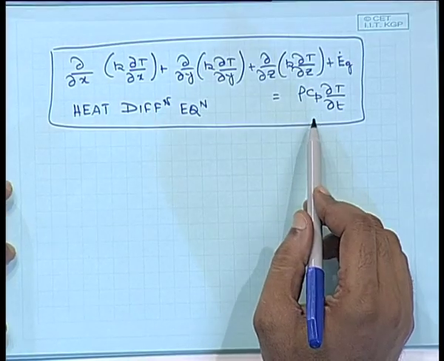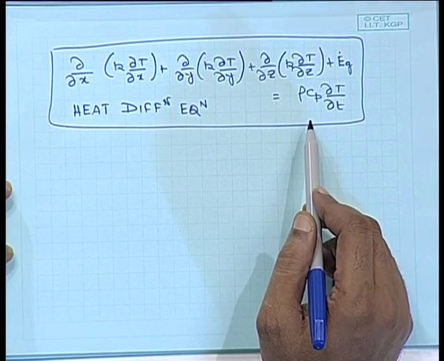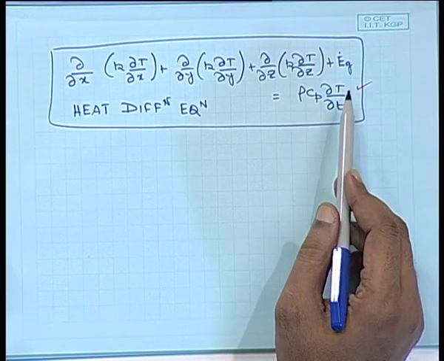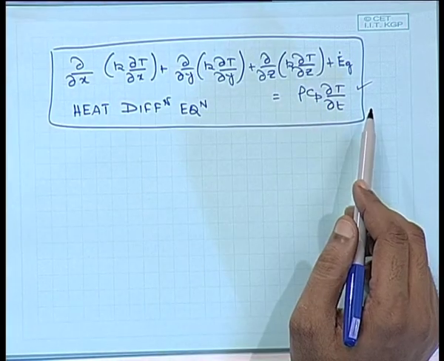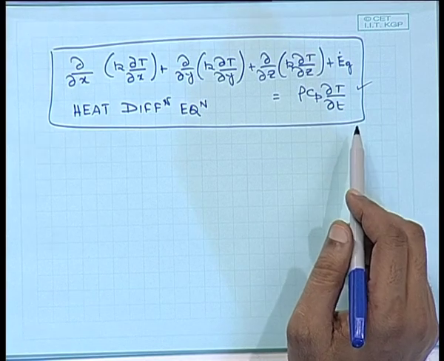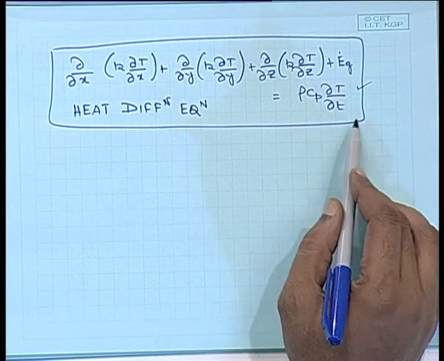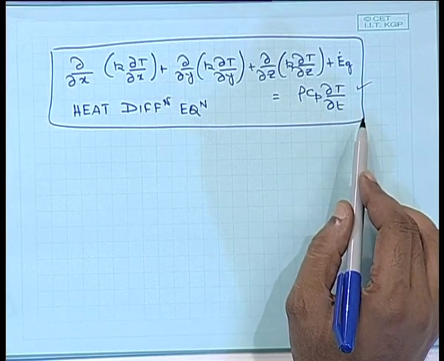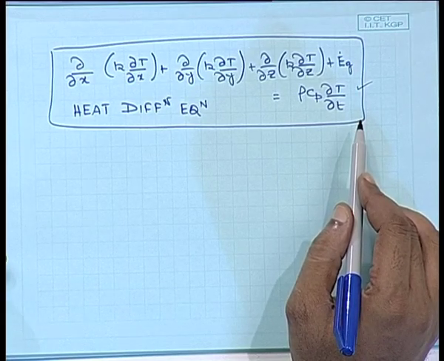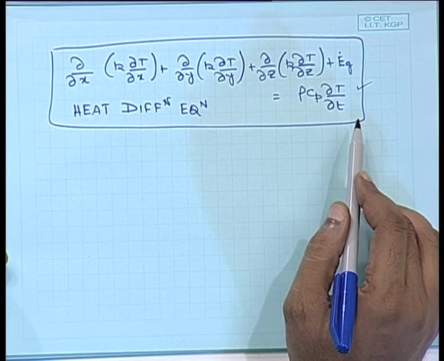This is the most general form of conductive heat transfer inside a solid object, and similar to this one, which is in Cartesian coordinates, I can also have the same expression for cylindrical and spherical coordinates, which are given in your text. I am not going to go into that derivation. Transformation of coordinates gives a slightly different form of this equation, but the basic concept remains the same: in minus out plus generation is equal to the rate of change of energy storage in the system.